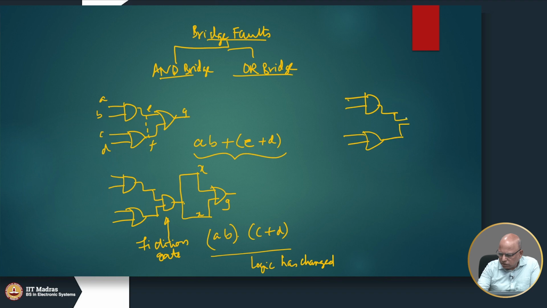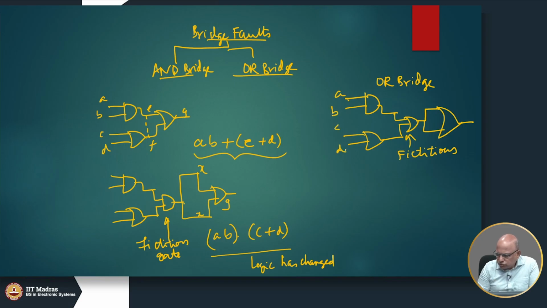We could also have an OR bridge. In which case, as you can guess, there is a fictitious OR gate that gets induced. Okay. This is an OR bridge. So, what will be the new logic? The new logic will be A dot B plus C plus D. Okay.